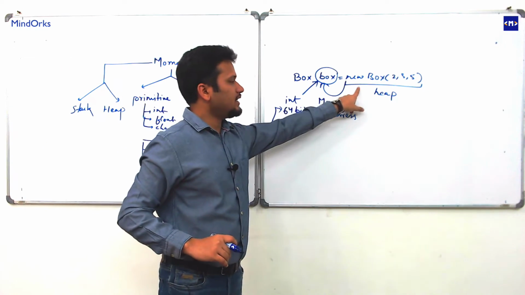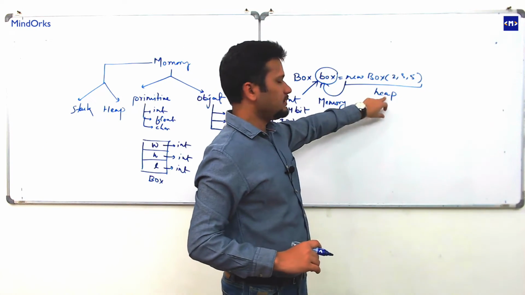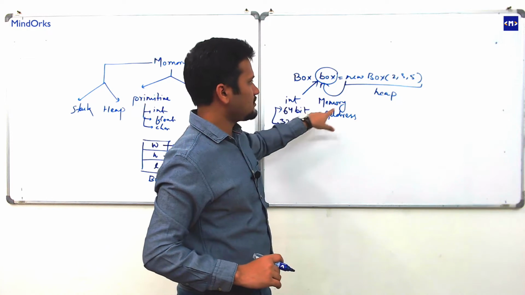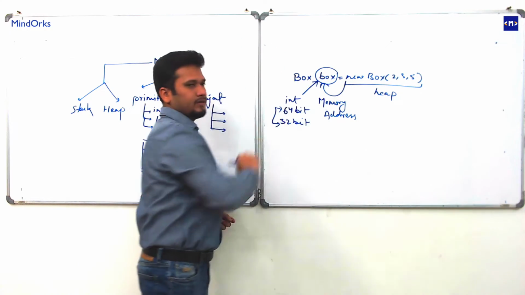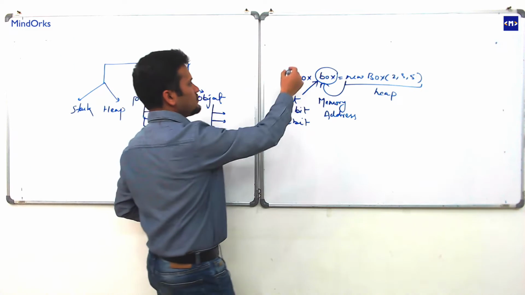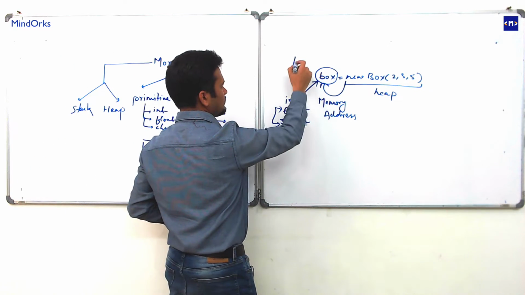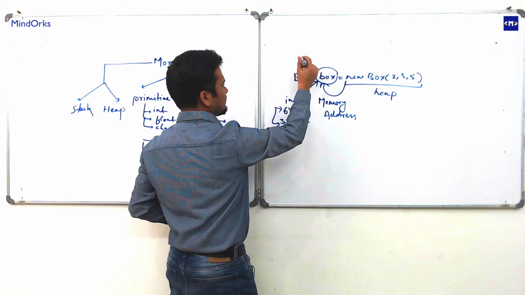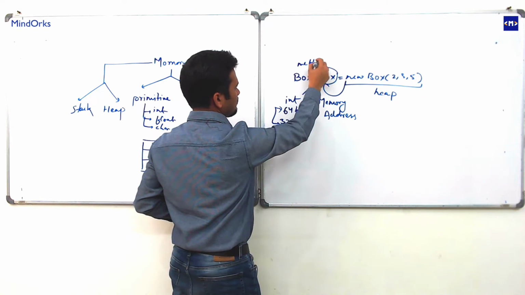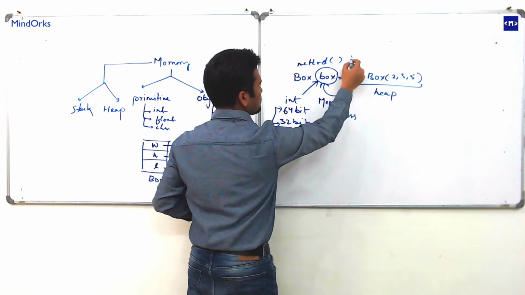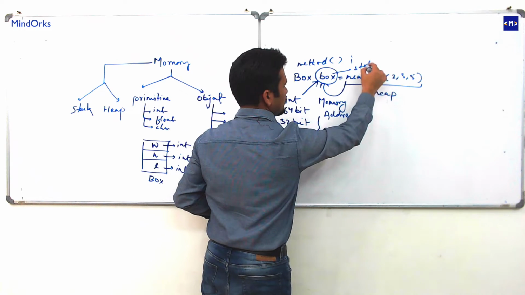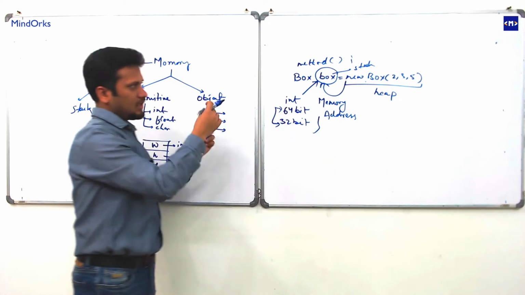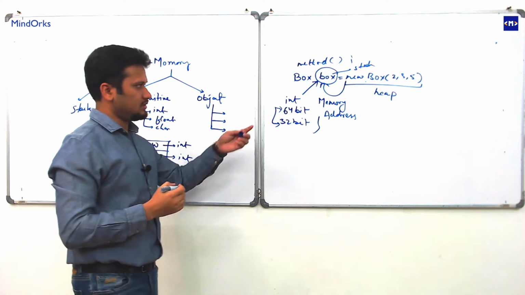So when you create a new object in the heap, it returns the memory address which identifies the object in the heap and assigns it to the variable. Suppose this was in a method. So this will be stored in the stack and this was actually in the heap. I'll give you a detailed picture of this in the example.